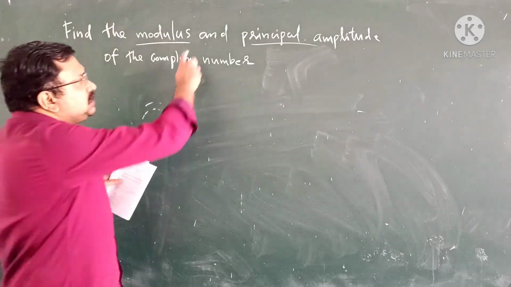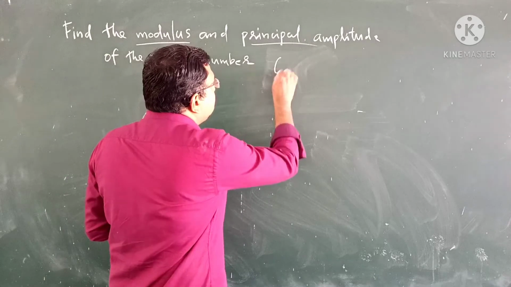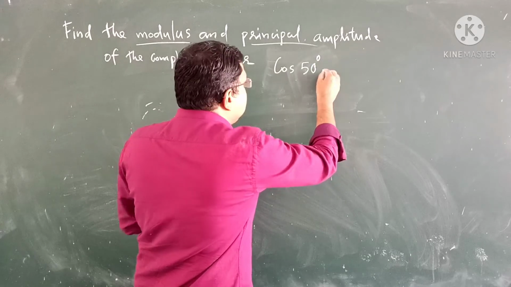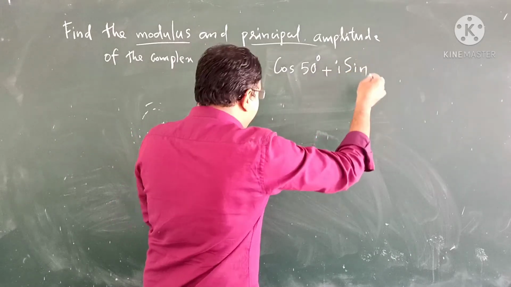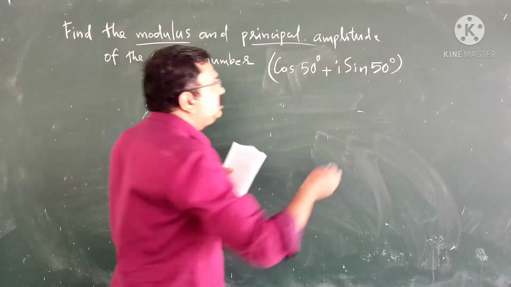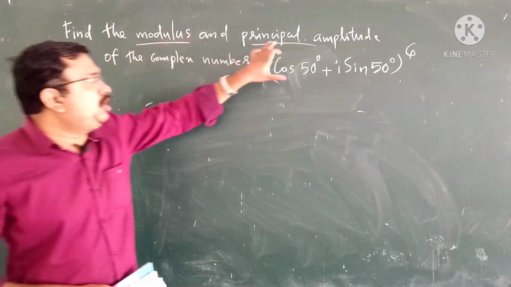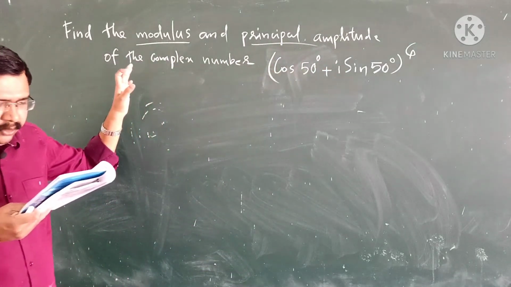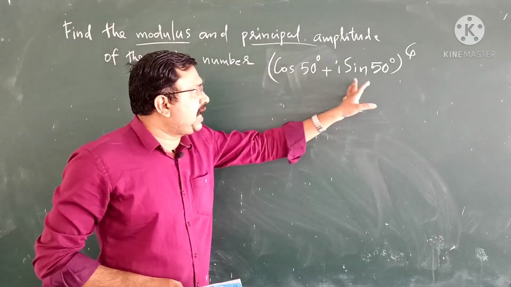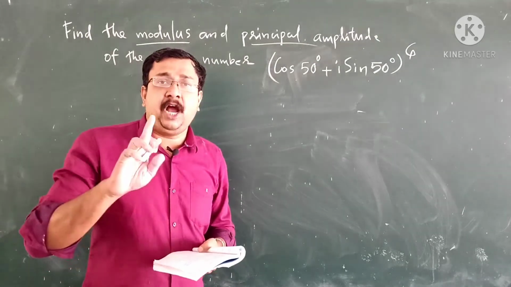Find the modulus and principal amplitude of the complex number cos 50 degree plus i sin 50 degree, the whole raised to 6. That is our question.